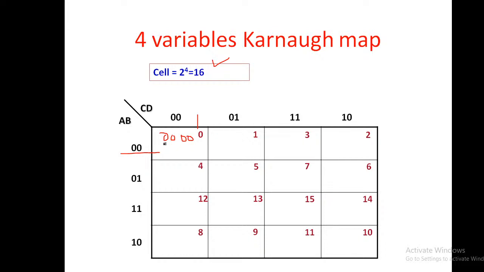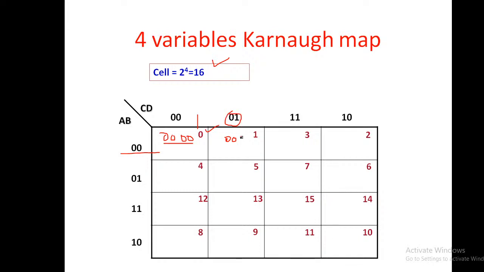Okay. So if you are getting 0, 0, what is the decimal value? Decimal value is 0. So this position is M0 position. Okay. Now if you go for this one, why it is 1? You read horizontally. Horizontally the row value is 0, 0 and the column value is now 0, 1.